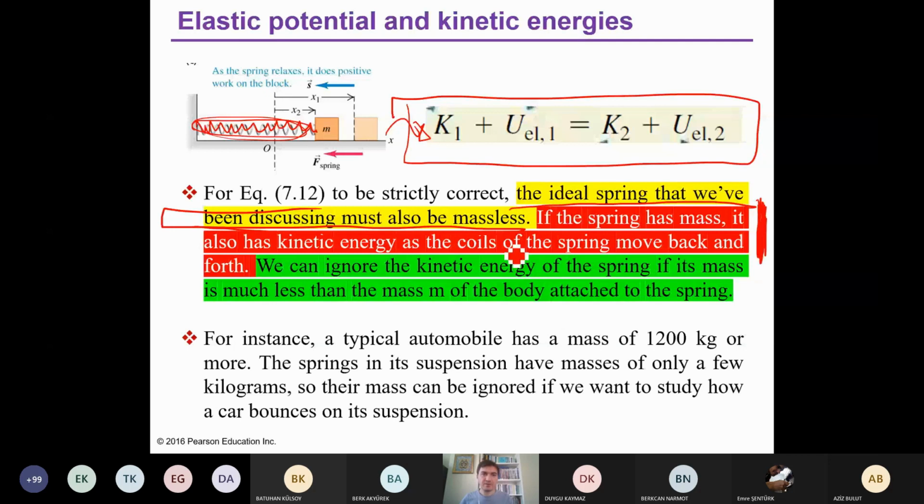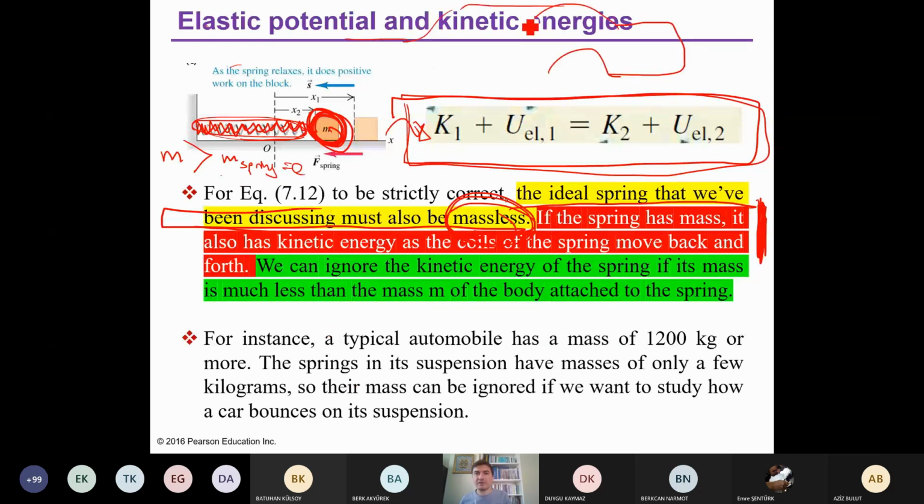Or sometimes the mass of the spring is very small compared to the mass here. Look at this one. Here we have a mass and here we have a spring. If the mass of this box is much bigger than the mass of the spring, then again you can consider the spring's kinetic energy to be zero, and you can apply this rule. A very important example is the springs in the suspension system of automobiles. Let's consider that here there is an automobile, there are wheels, and there are springs here.